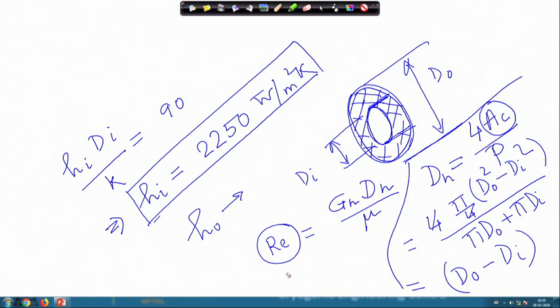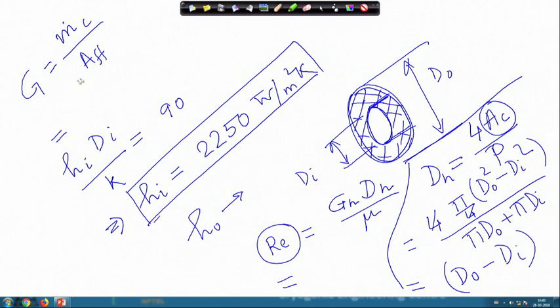In that case, the Reynolds number corresponding to this: G is how much? G is basically the cold fluid mass flow rate divided by the free flow area. What is that free flow area?